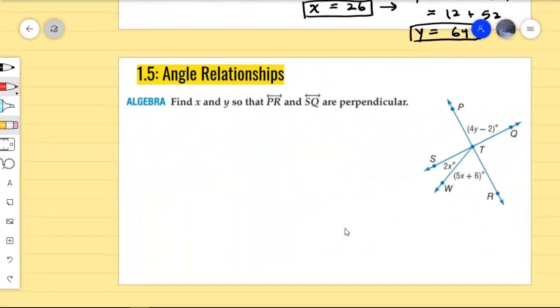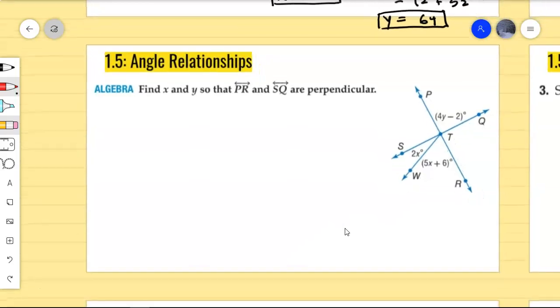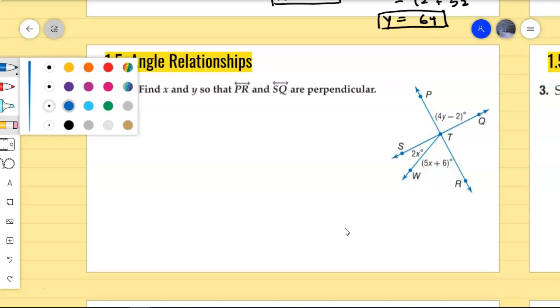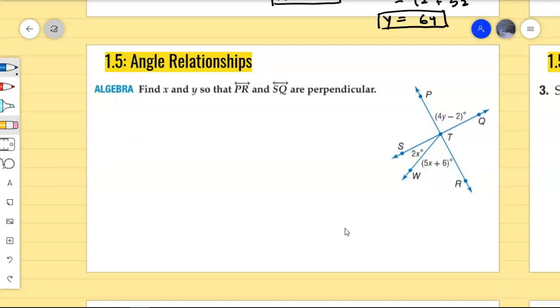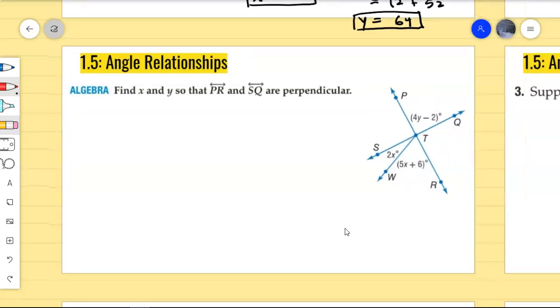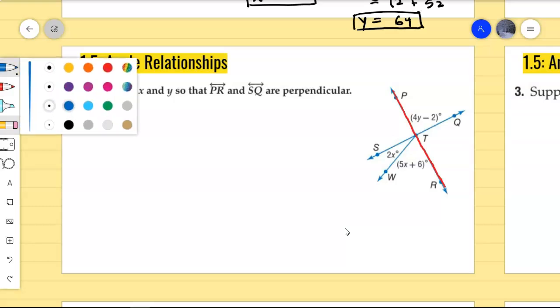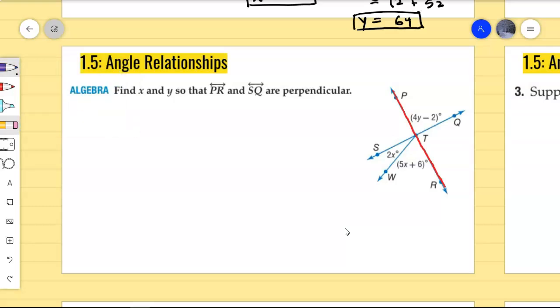Okay, now let's go ahead and apply this, once again, to algebra. You see that? So it says that you've got to find x and y, all right, so that PR, let's highlight PR. PR is the line over here, and then SQ is the line that is over here.